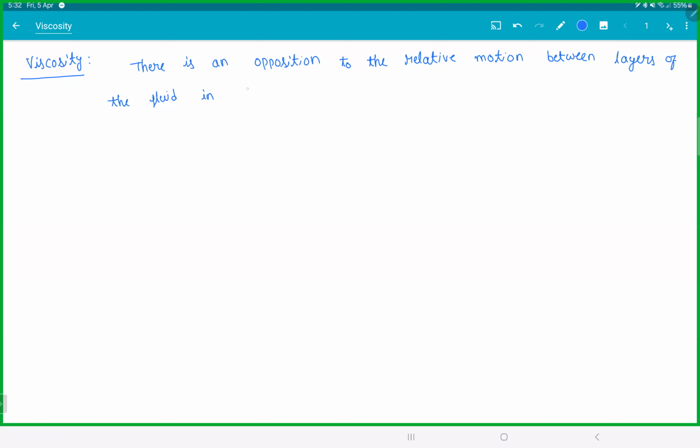This is kind of like friction, but in solids we call it friction, whereas in liquids and gases we call it viscosity. It's a small chapter. And the force responsible is called viscous force.